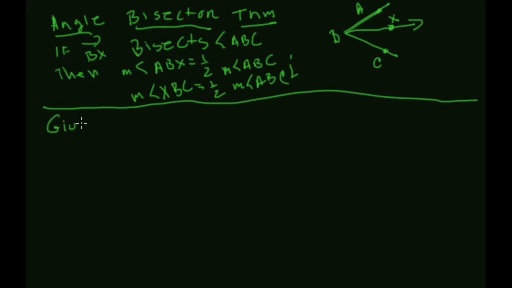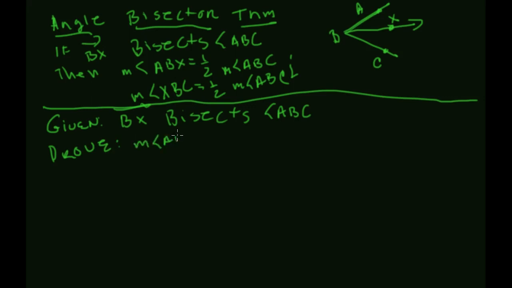We're given that BX bisects angle ABC, and we need to prove that the measure of angle ABX is half the measure of angle ABC, and the measure of angle XBC is half the measure of angle ABC.